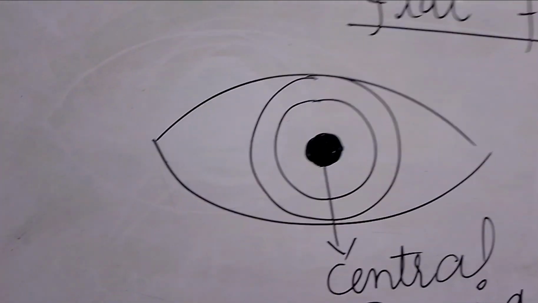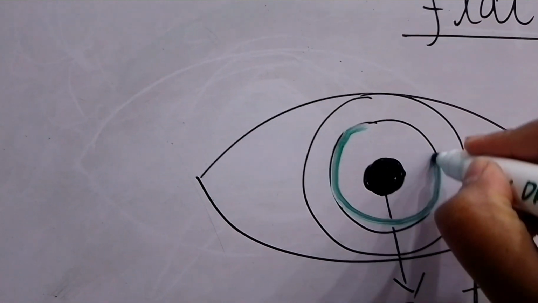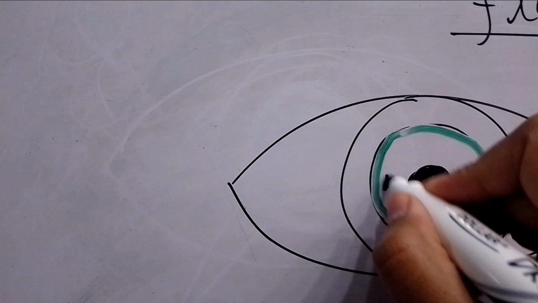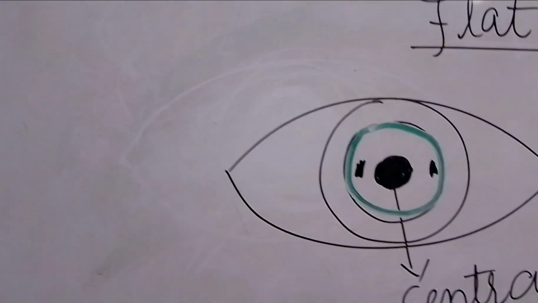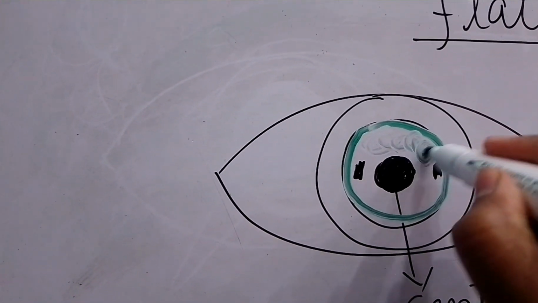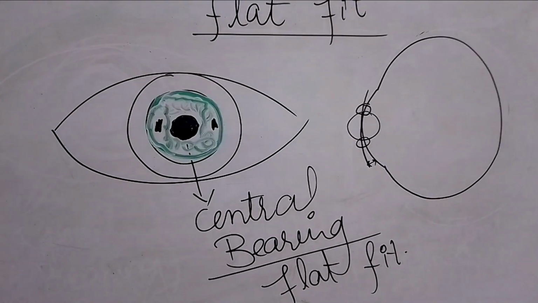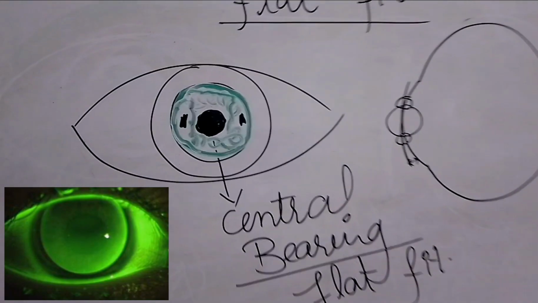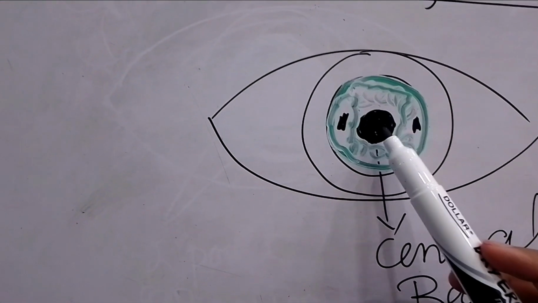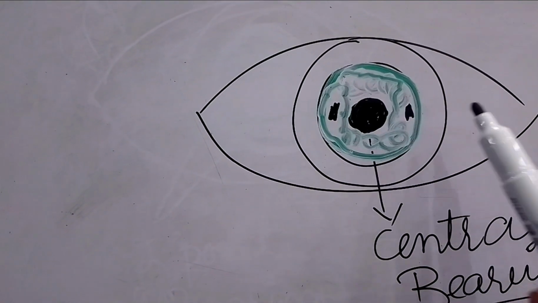So this central bearing and the edge pooling, with mid periphery touch, the contact lens will appear like this, and again this region will have some light green color because there are tears. That is why there is blackness, or bearing, because the cornea and contact lens are in touch in the center. So you are going to see central bearing with peripheral pooling and mid periphery touches, right?